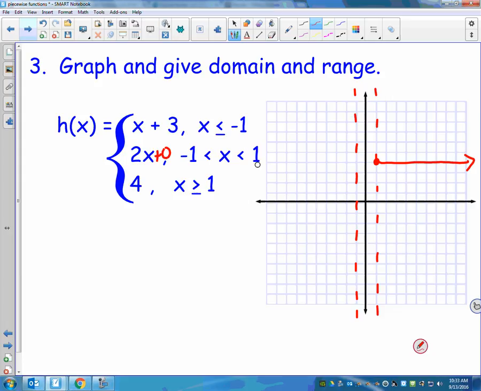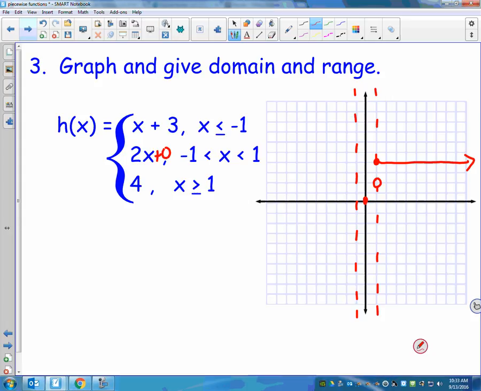What about the middle section? The middle section, 2x with nothing there. What's my y-intercept? 0. And then my slope is 2, so I could go up 2 over 1, but I'm not including those dotted lines. So if I go up 2 over 1, I need to make an open circle there, right?